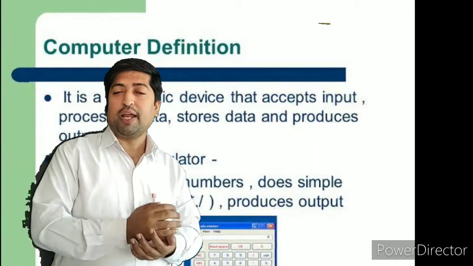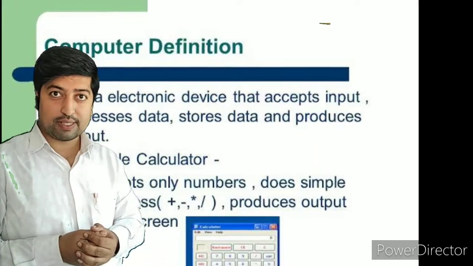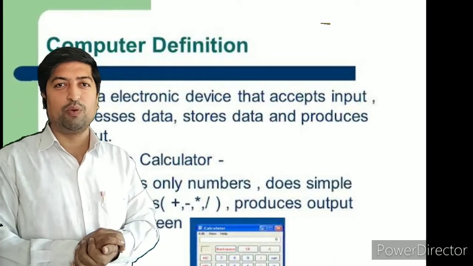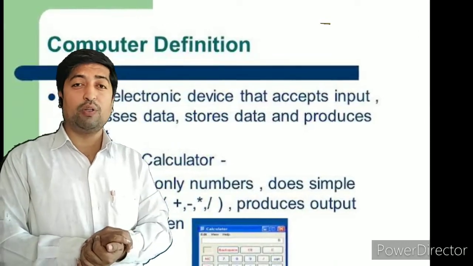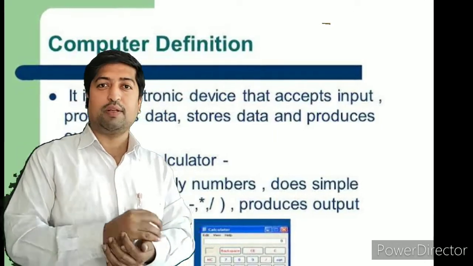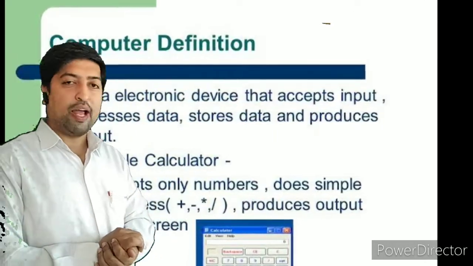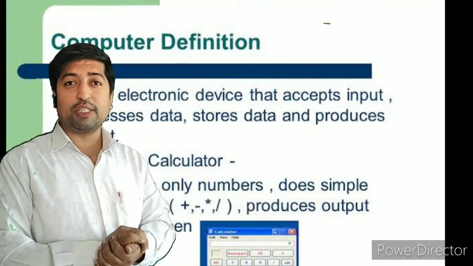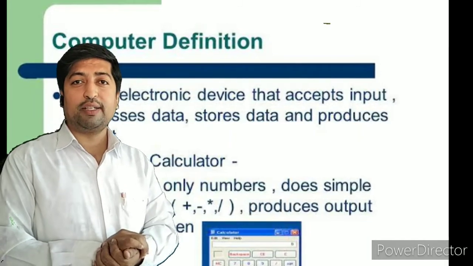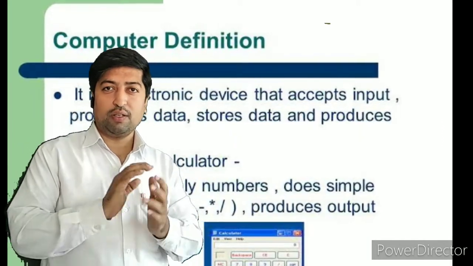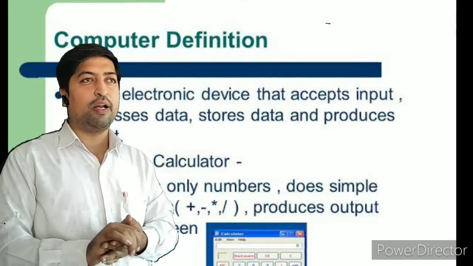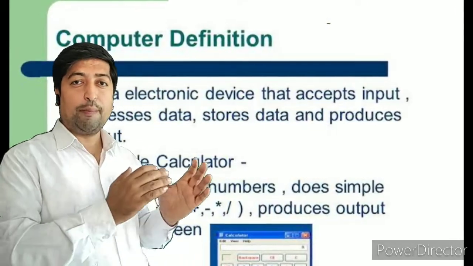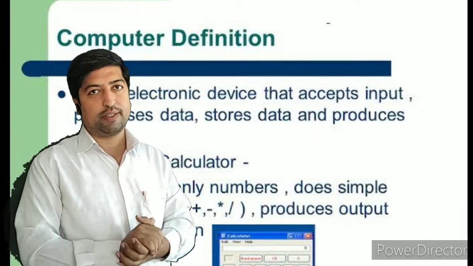Computer takes input from input devices, processes or stores the data inside the CPU and works according to the instruction. It processes the data and creates the output on the monitor screen, or it can print as hard copy on a printed page with the help of a printer.